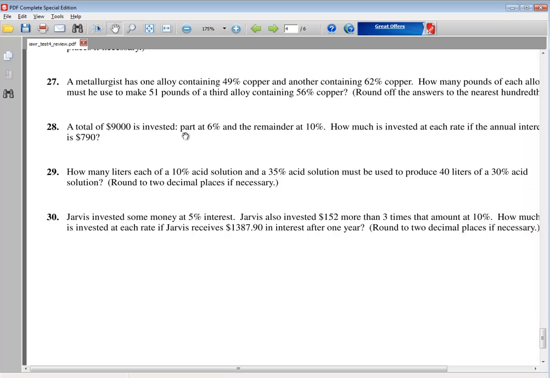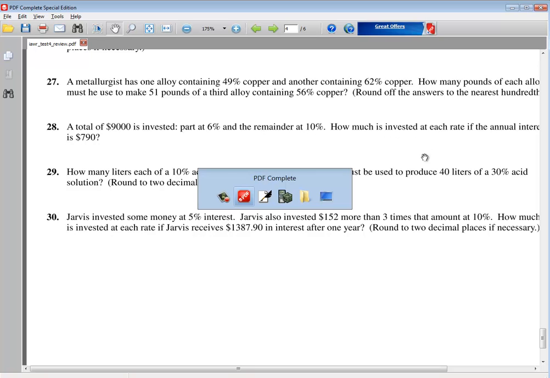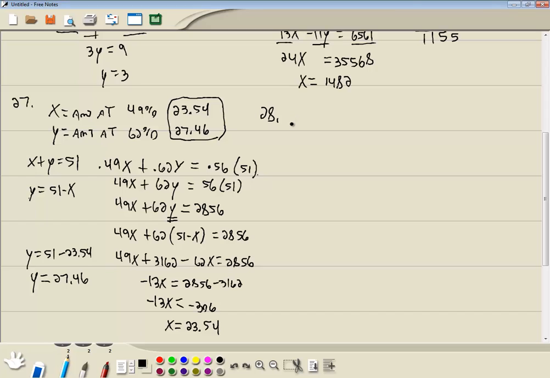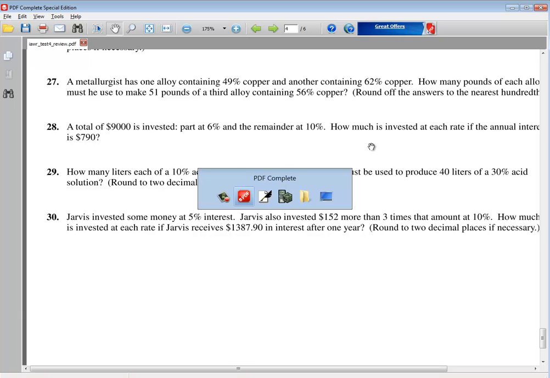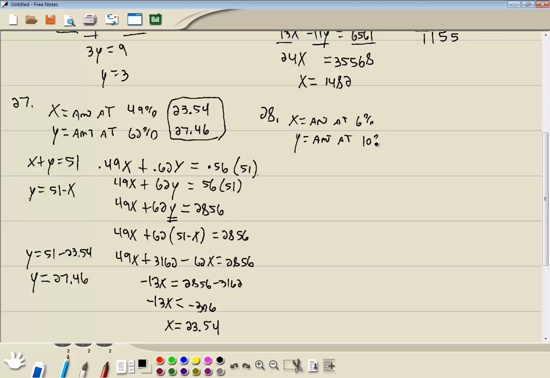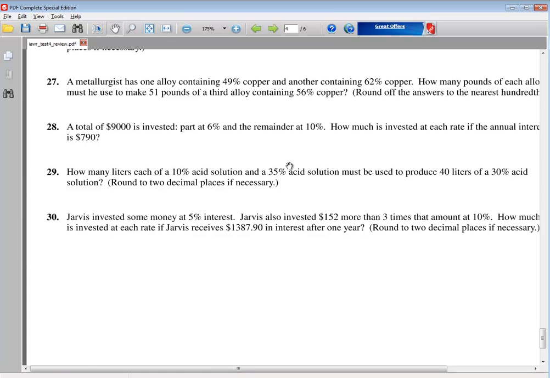28. Total of 9,000 invested, part at 6%, remainder at 10%. Okay, so we got 6% and 10%. So X is going to be the amount at 6%, and Y is going to be the amount at 10%. And they're telling us that there's a total of 9,000.